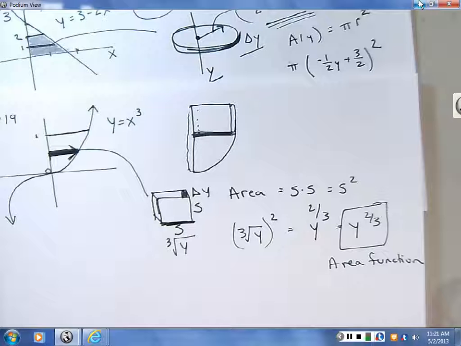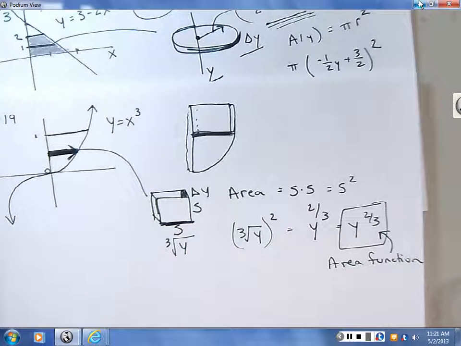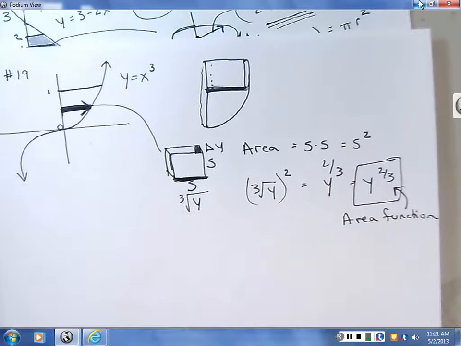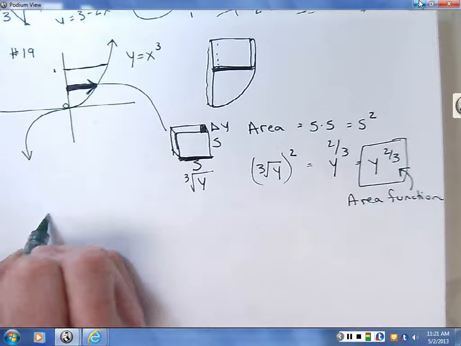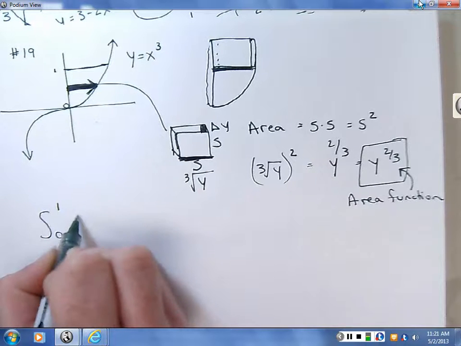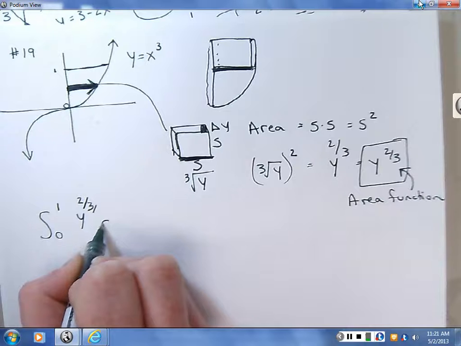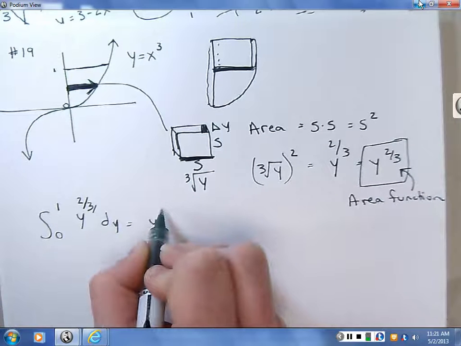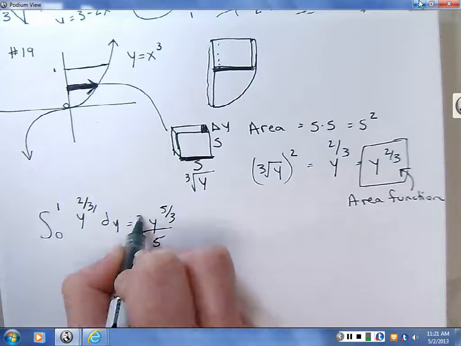Right? So the area function is this. If I integrate from 0 to 1 of y to the 2/3 dy, I get y to the 5/3 divided by 5/3.